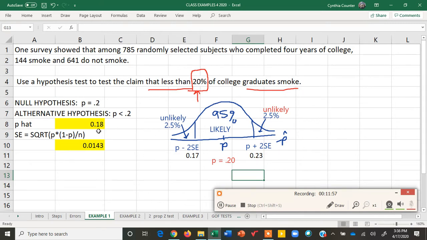Notice that our p hat, which we saw was less than 0.2 to begin with, 18%, does indeed fall within the 0.17 and the 0.23, right?